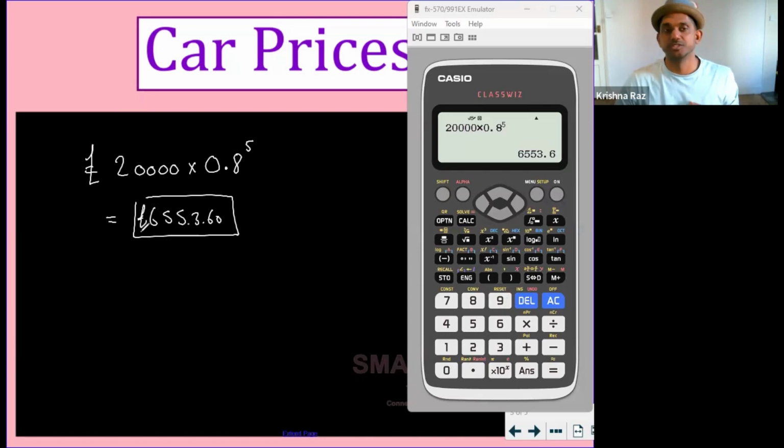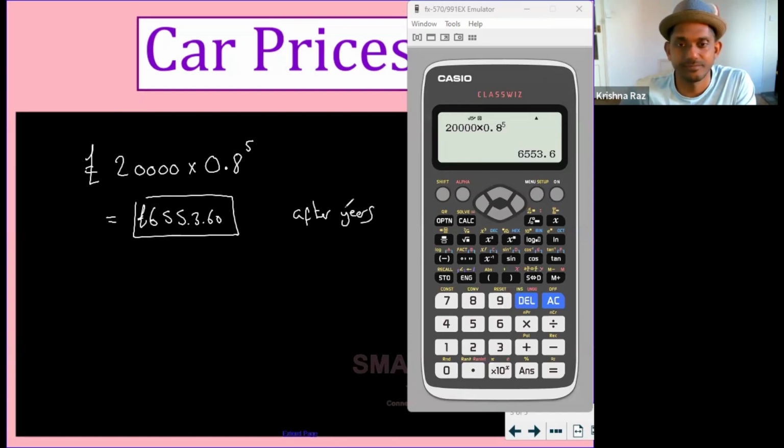Obviously, it doesn't matter because you've used the car. And maybe when you bought it, you had no reason to want to sell it. But after 5 years, it's going to be worth a lot less. Maybe we wonder, well, how much will it be worth after 10 years? So after 10 years, let's give that a go.